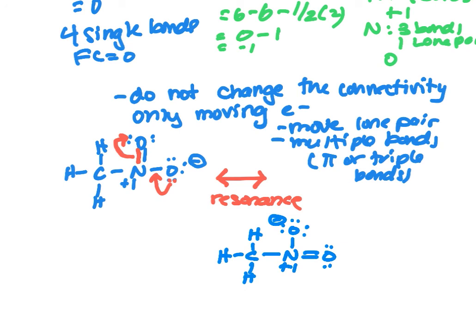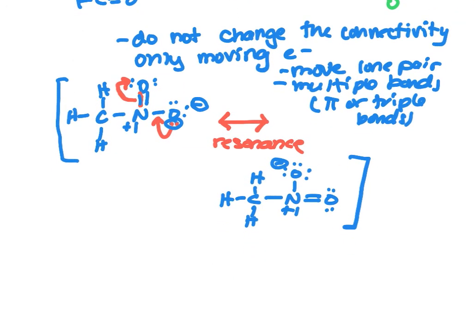So now what I've done is I've taken that extra lone pair of electrons and made it into a new pi bond, and then I've pushed a pi bond out onto the oxygen and made a new lone pair. So now I have my two resonance structures. Let's look at them. Here are my resonance structures.